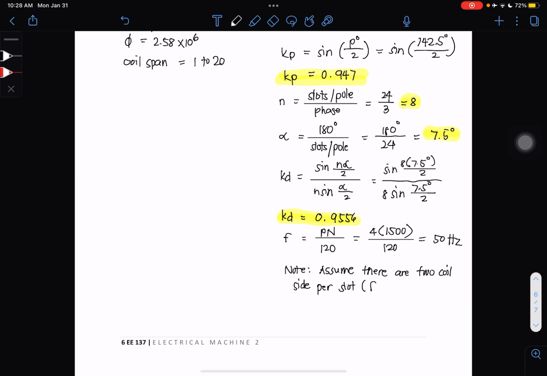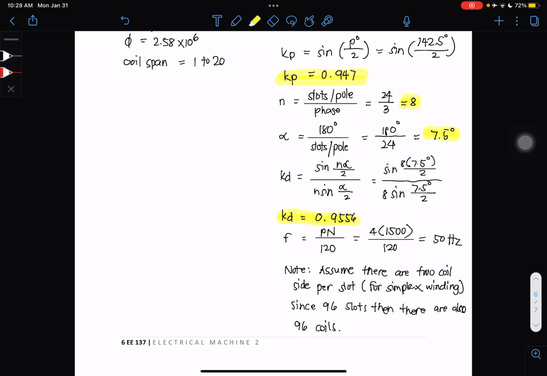So for simplex winding, this is equivalent to 1 coil per slot. So therefore, since we have 96 slots, then there are also 96 coils.